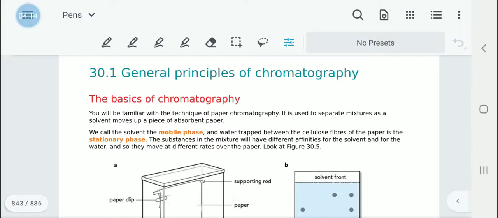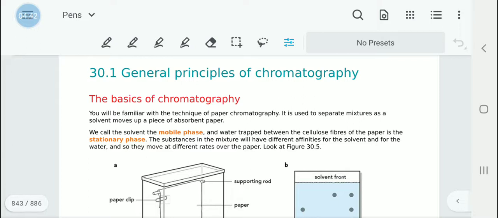Write down chromatography. In paper chromatography, a mixture is separated when the solvent moves up the absorbent paper.